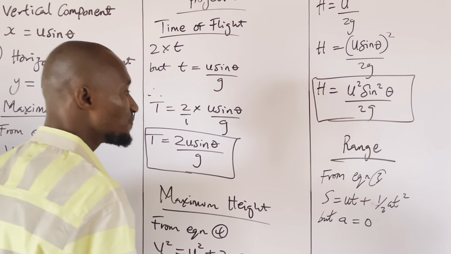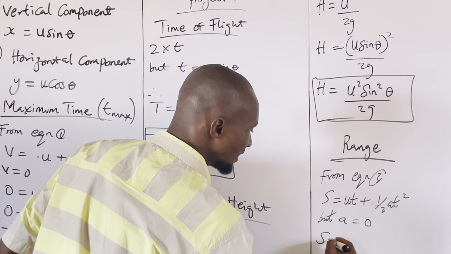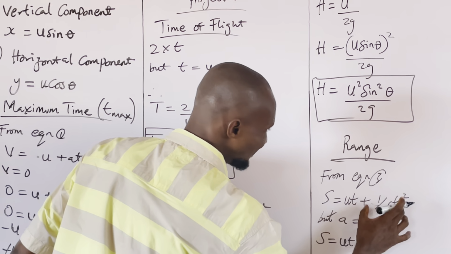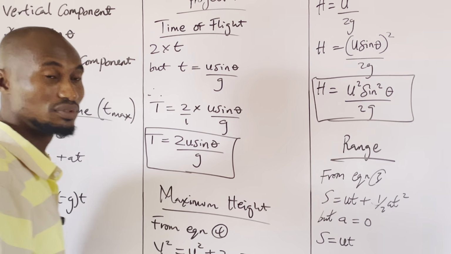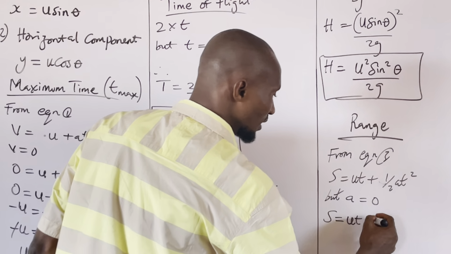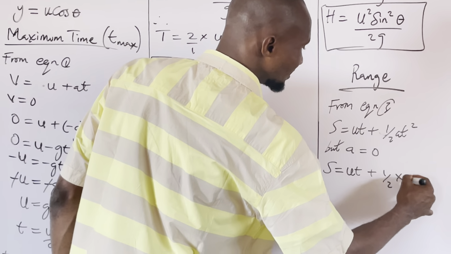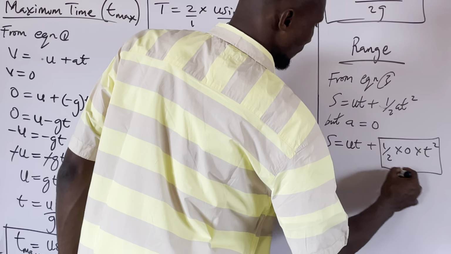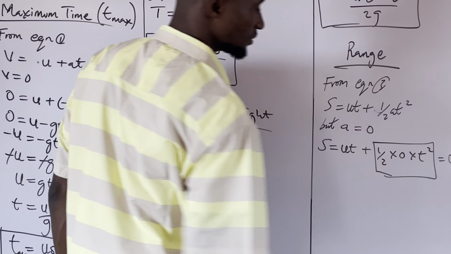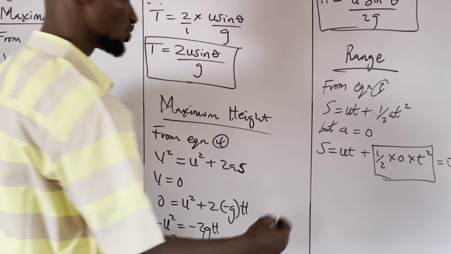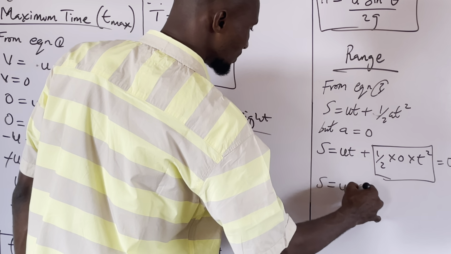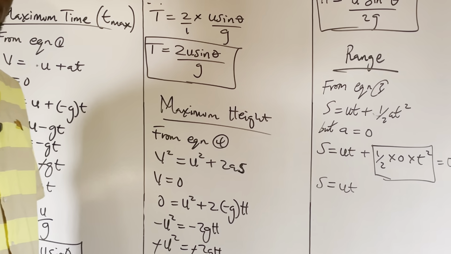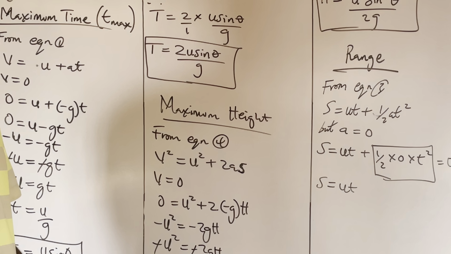So if a here is equal to 0, that means s is equal to ut, because everything else is equal to 0. It's just like plus 1 over 2 times 0 times t squared, which means everything there is equal to 0. Do you understand? So we have s is equal to ut. Do you get the point now?